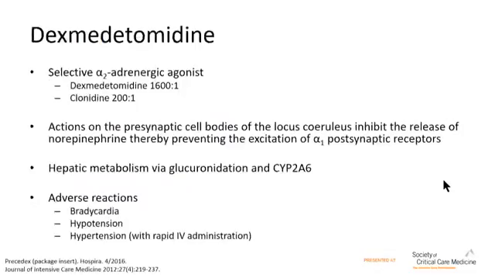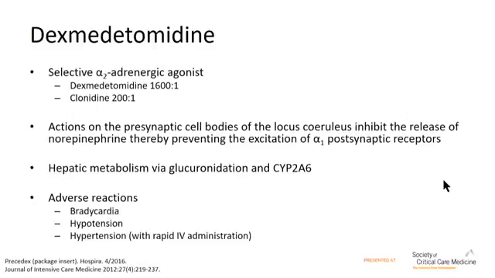So briefly, dexmedetomidine, as we know, is our selective alpha-2 adrenergic agonist. Its selectivity for the alpha-2 receptor is about 1,600 to 1, compared to clonidine at around 200 to 1. Through its actions on the presynaptic cell bodies in the locus coeruleus, there's an inhibition in the release of norepinephrine, which then prevents the excitation of the postsynaptic alpha-1 receptor.